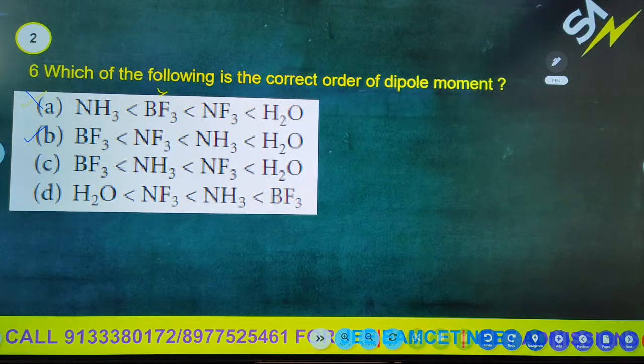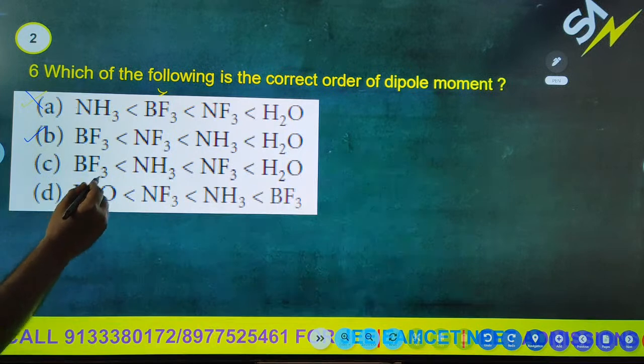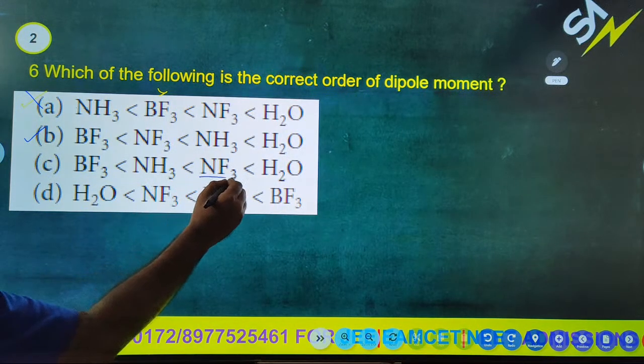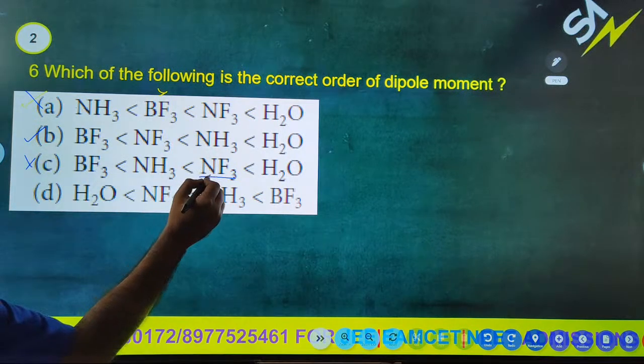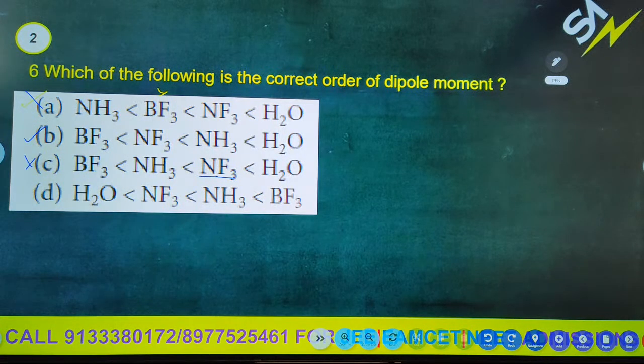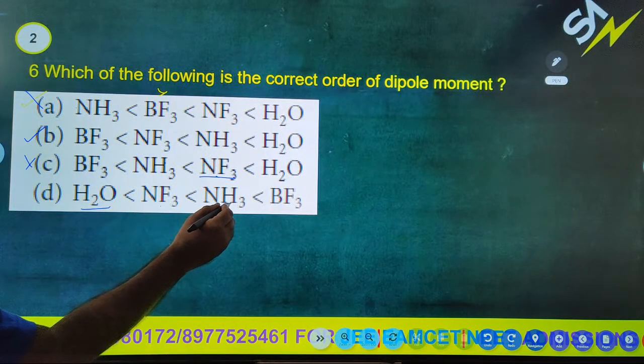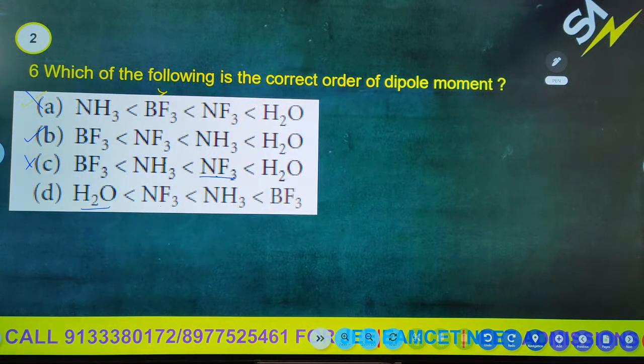What about BF3 less than NH3, NH3 less than NF3? Wrong, because NH3 has more dipole moment than NF3. H2O less than NF3, NF3 less than NH3, NH3 less than BF3: this option is also wrong.